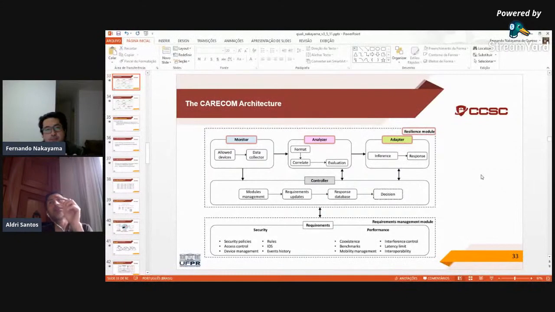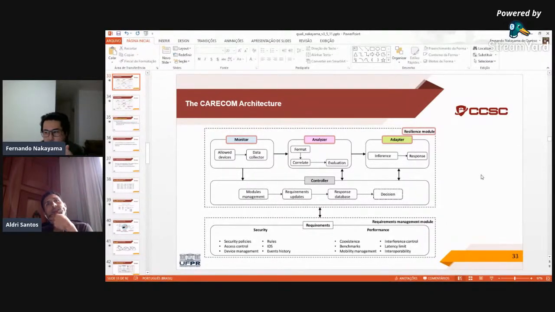In terms of the middle level, a controller, one point that you see is the modules management. In this case, is your idea about management performance, configuration, or security? What kind of management is it? What function do you need to think about?